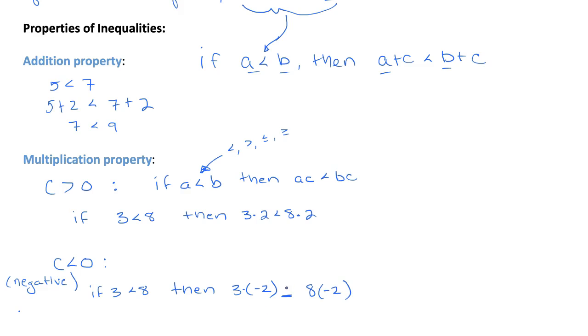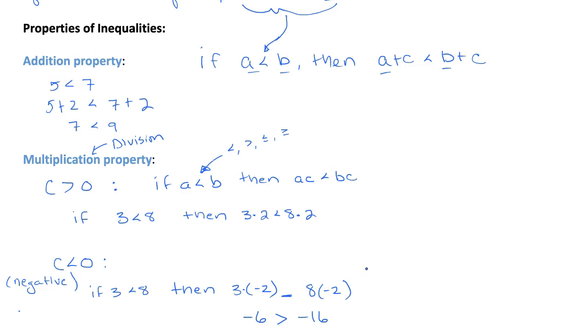In this case, I'm leaving it blank because I want you to think about it. -6 and -16. Which one is less? We started out with 3 less than 8, but now we actually have -6 is greater than -16. So when you multiply or divide by a negative, the multiplication property also applies to division. It works both ways. They have the same rules.